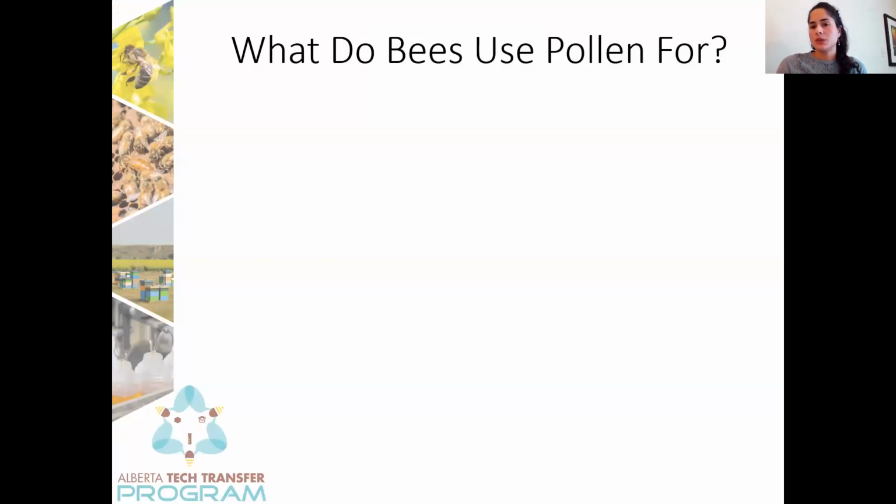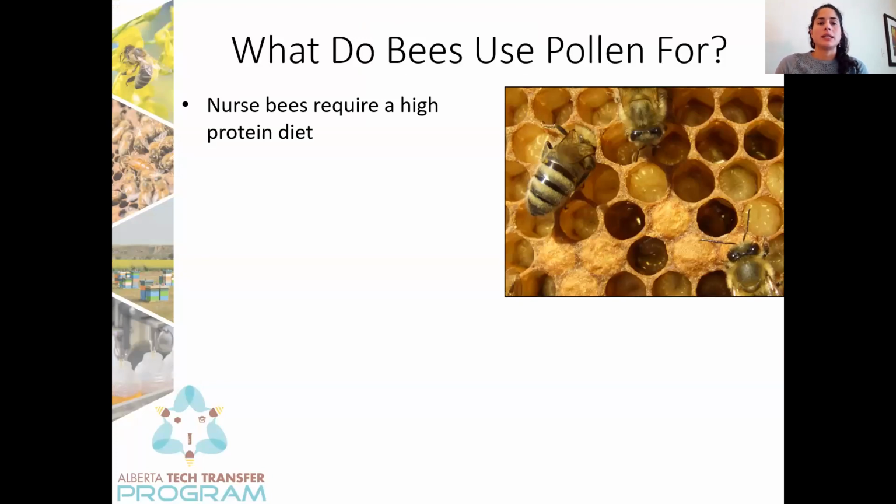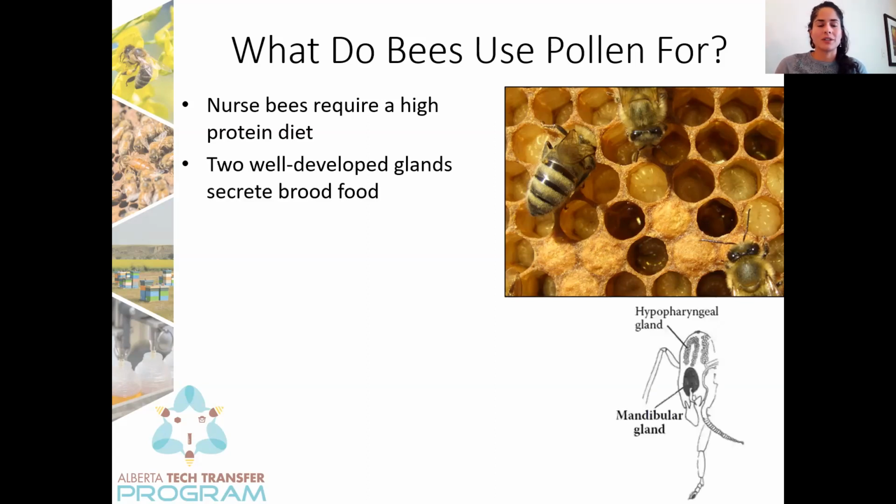And what do bees use pollen for? I kind of touched base on this a little bit. I said, and I will repeat, nurse bees require a high protein diet. Once again, pollen is their protein source, nectar is their carbohydrate source, and most of their energy comes from nectar, from sugars. But nurse bees require a high protein diet. And why do they require this high protein diet?